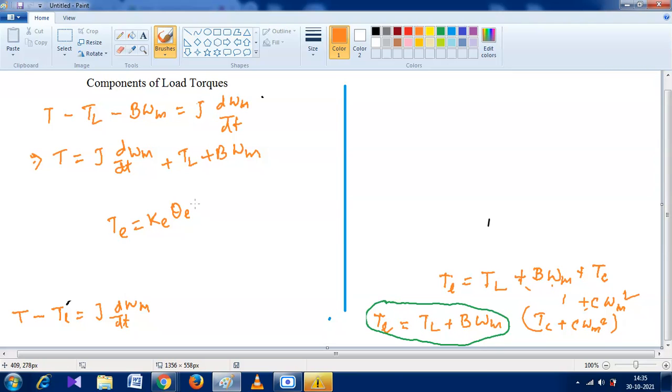This is present when we use a coupling between motor and load.